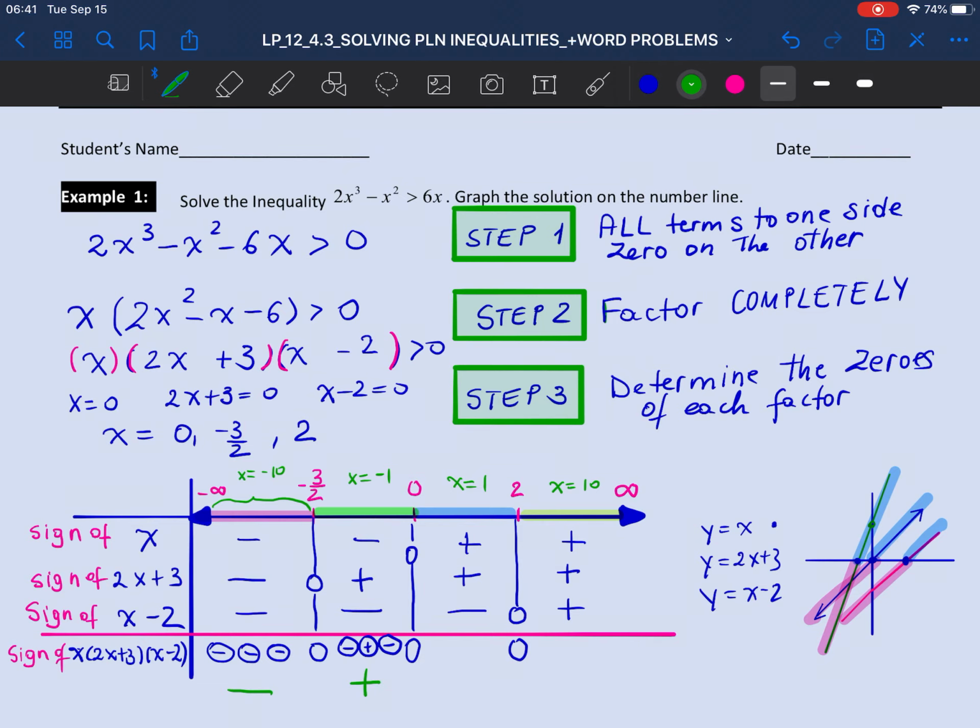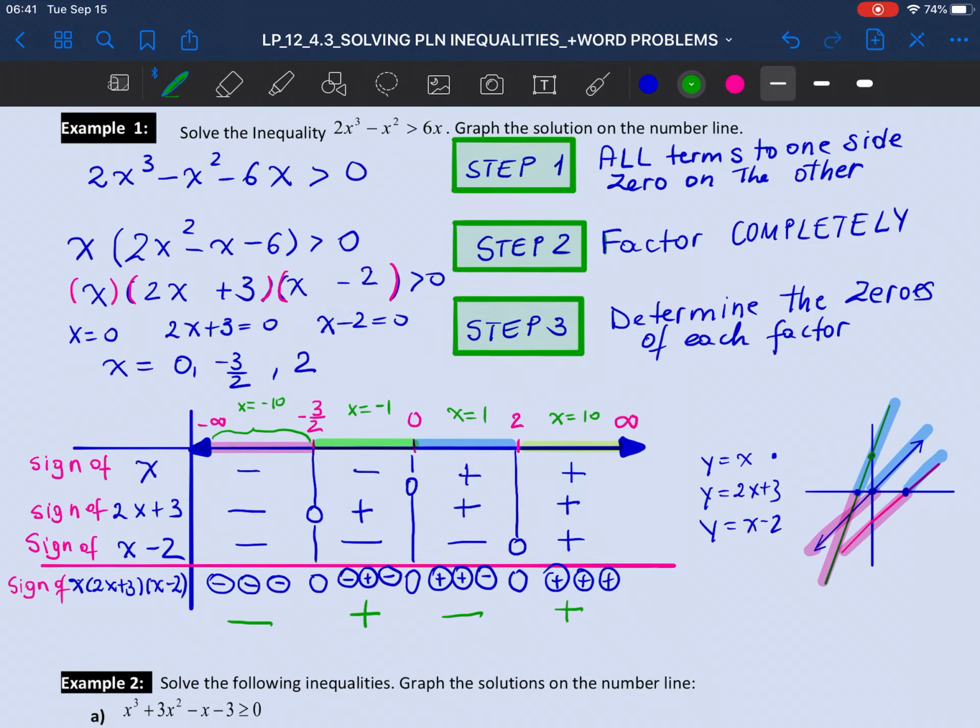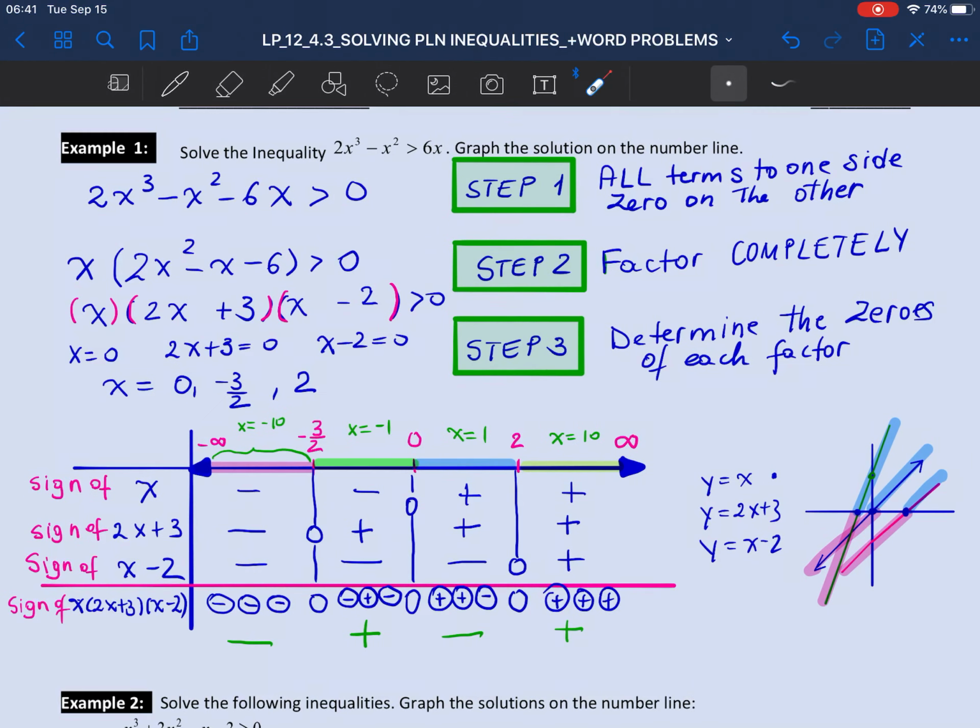Next we have positive times positive times negative. That will give a negative. And last, positive times positive times positive will give a positive. Now the idea is we want the product to be positive. So when is the product positive?